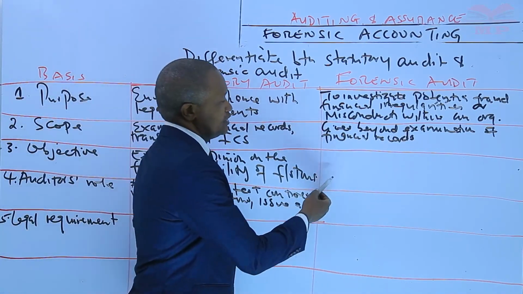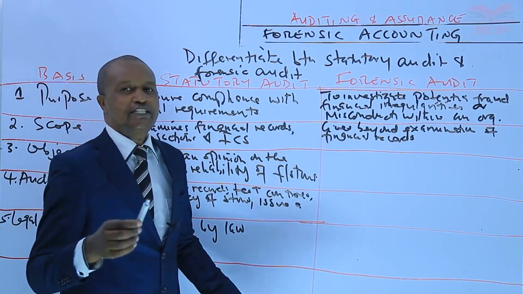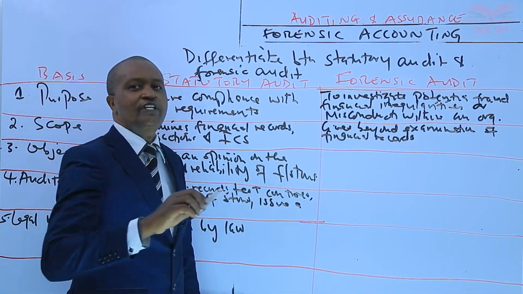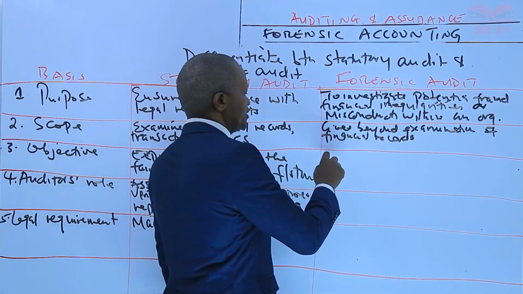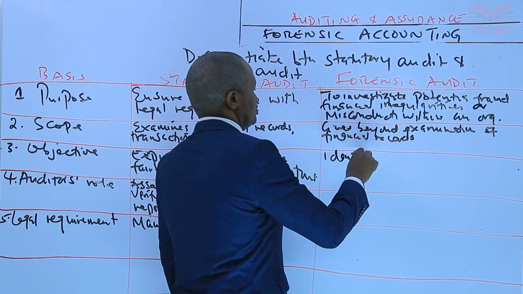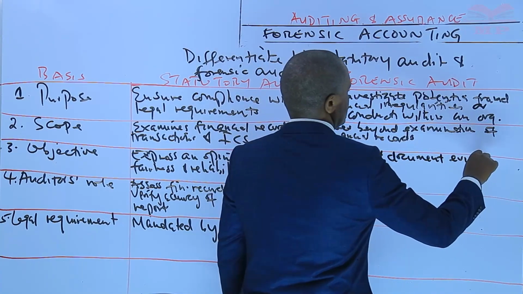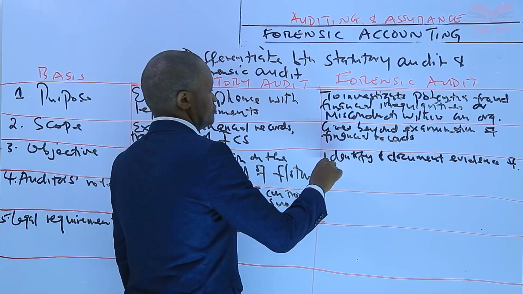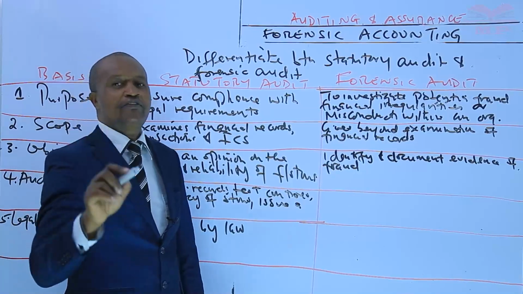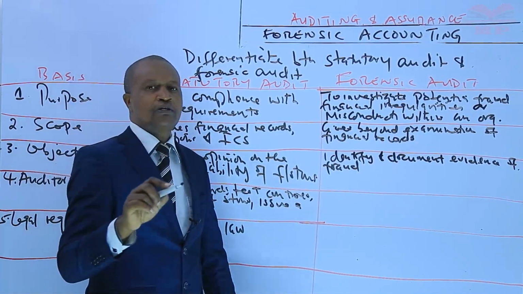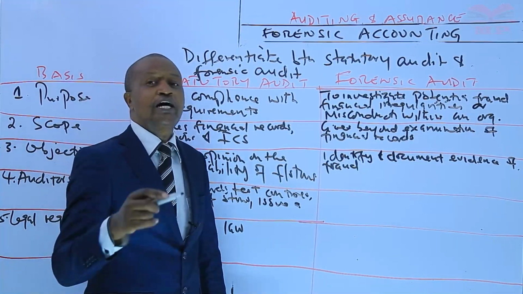But the primary objective of a forensic audit is to identify and document evidence of fraud, evidence of financial misappropriation or other illegal activities.